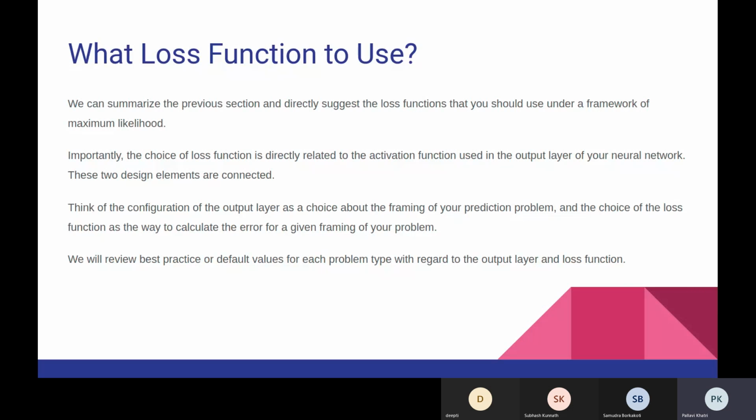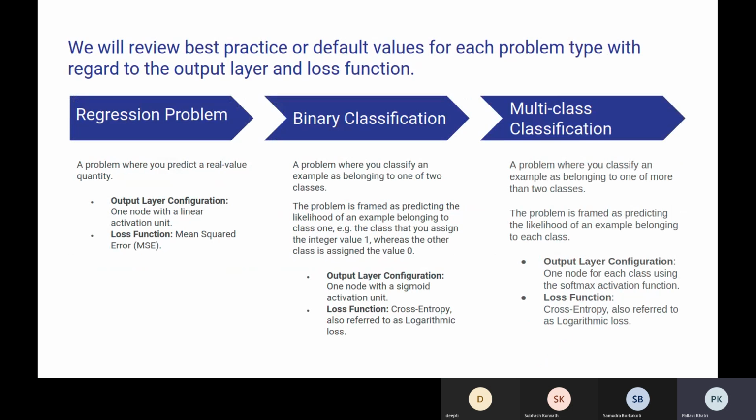So now we'll review three types of problems, and what the best practices or default values are for each problem with regard to output layer and loss functions. Here I have taken three types of problems: one is the regression problem, one is binary classification, and the third one is multi-class classification.